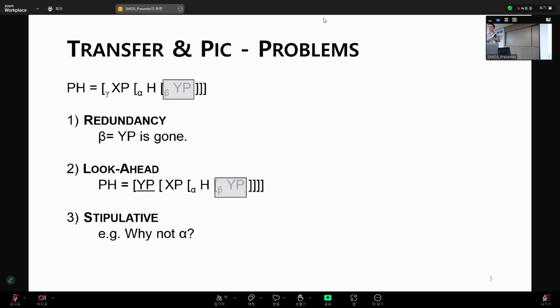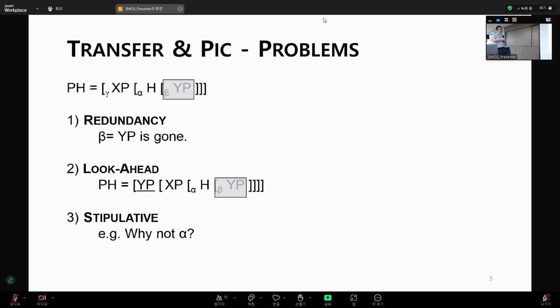So basically YP is gone. YP disappeared from the syntax. Then the natural question that we can ask is, what is it that PIC blocks access to? YP is not there, right? So this is the first problem I'd like to point out, redundancy.